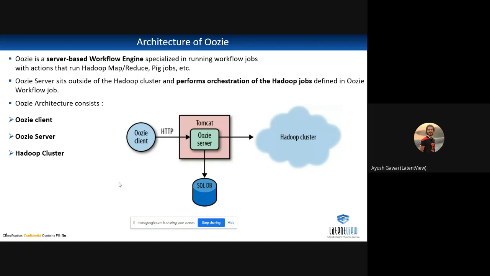We provide the jobs, and the definition of those jobs we need to write in an XML file, and those XML files are stored in our HDFS. The definitions of how it's going to run, just like a compiler, are stored in a separate Oozie database, which is linked with the Oozie architecture. This architecture connects and communicates with the Hadoop cluster to run our jobs one by one.